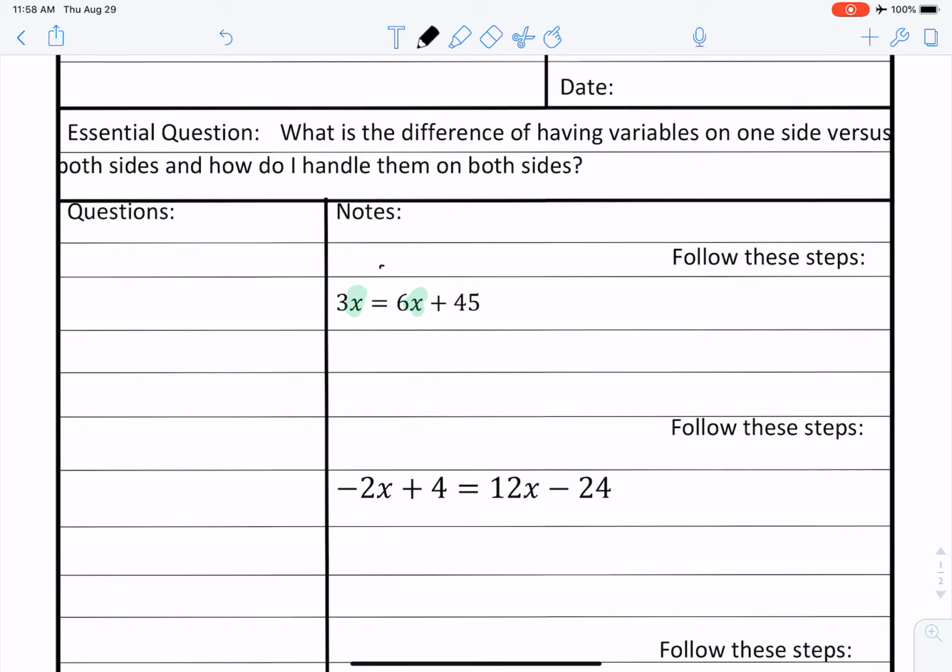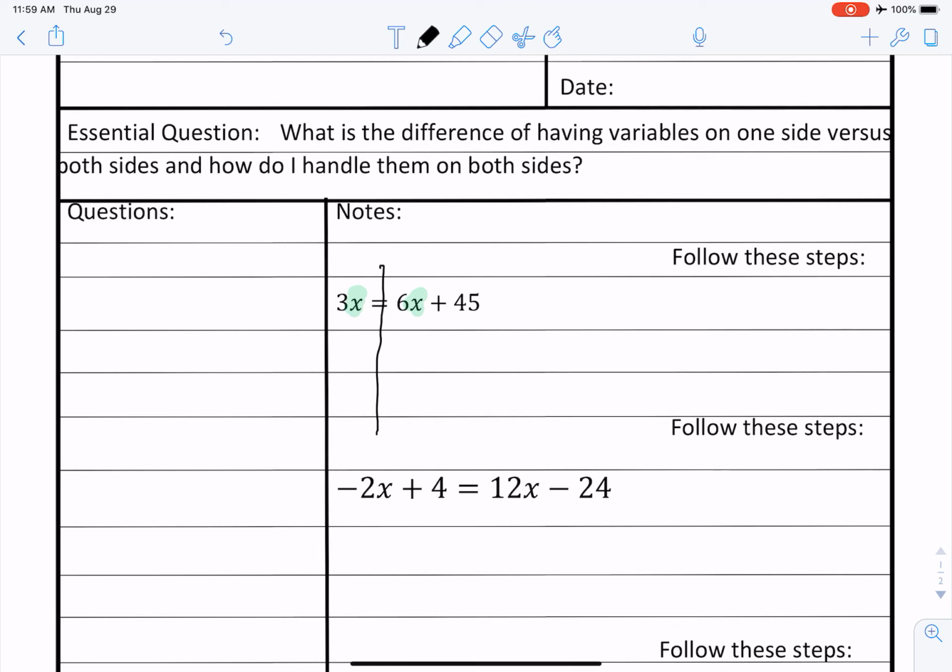So the only difference now is that we need to make sure we put our x's, or the variable that you're dealing with, together on one side. And it doesn't necessarily matter which side you move the variable to, but there is usually one way that's more convenient than the other. Okay, so let's dive in.